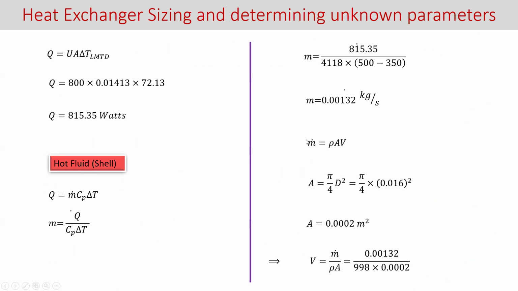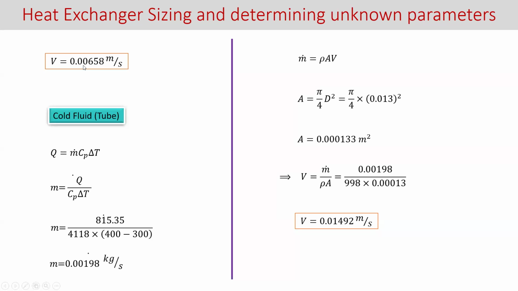From the mass flow rates, I found the values of the velocities. So this velocity will be the input for the shell inlet. And from the cold fluid side calculation we found the flow rate, and from the flow rate we found the velocity we are going to enter into the tube side.